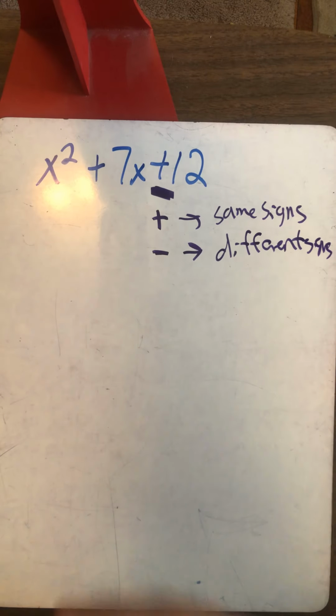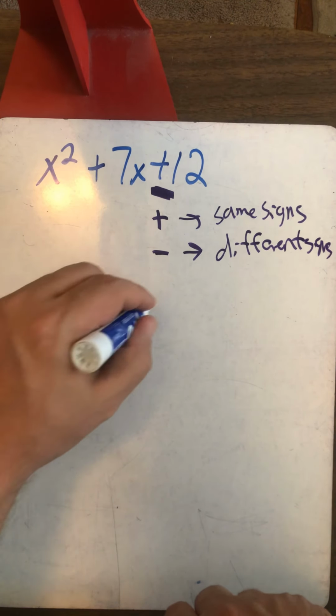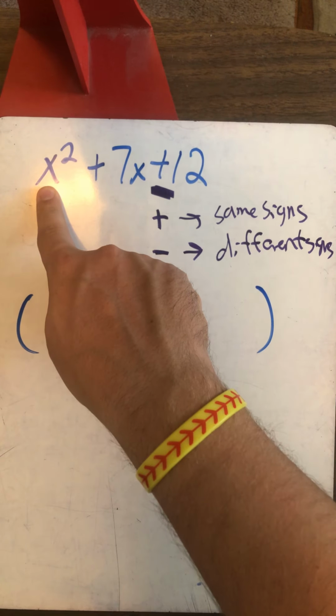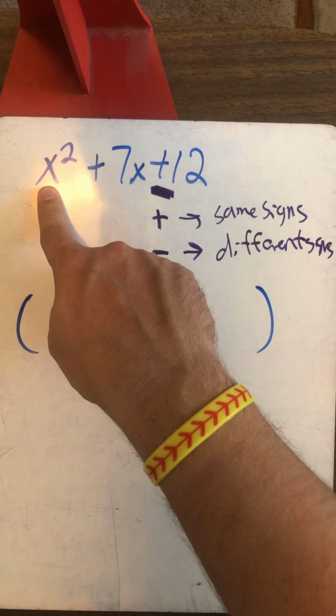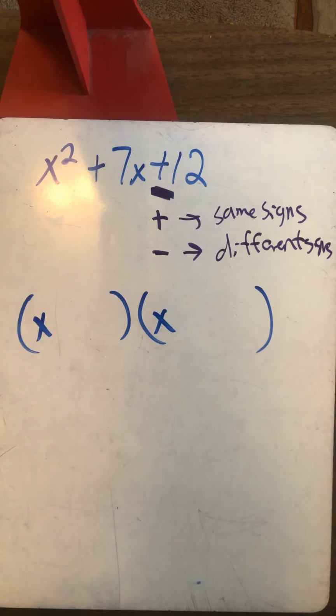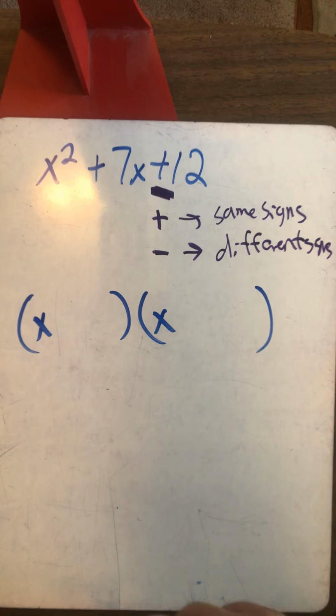When we go to put this into two different binomials, first thing, I'm going to do two sets of parentheses. Boom, boom. If this is just x squared, a squared, whatever, a variable squared, that's going to be our first term in each of them. Not the squared version, but the square rooted version. Now, this is where the signs come in handy.